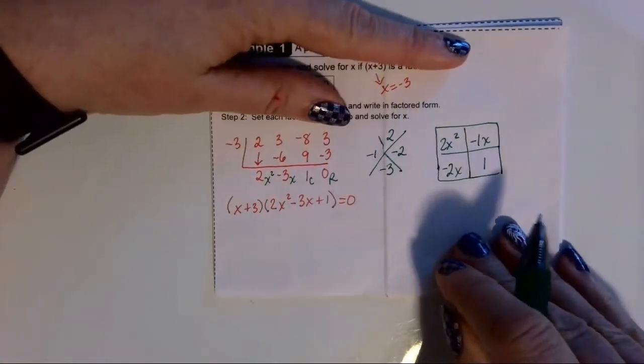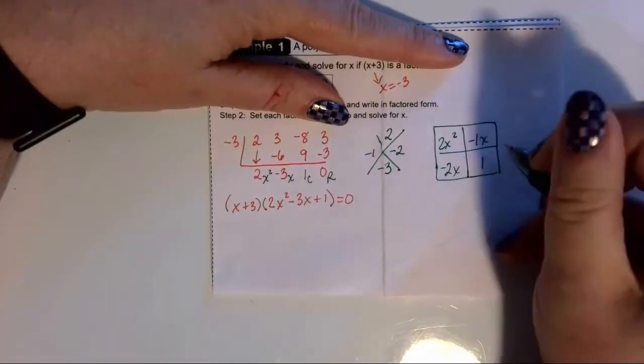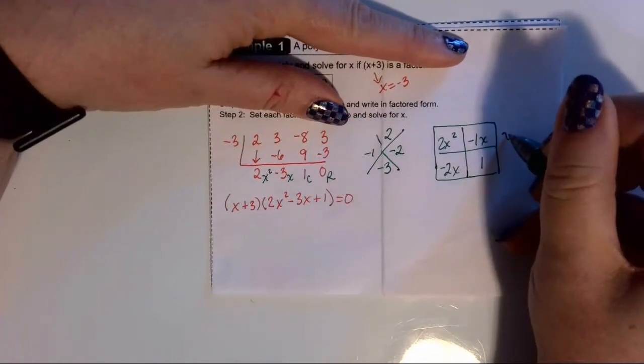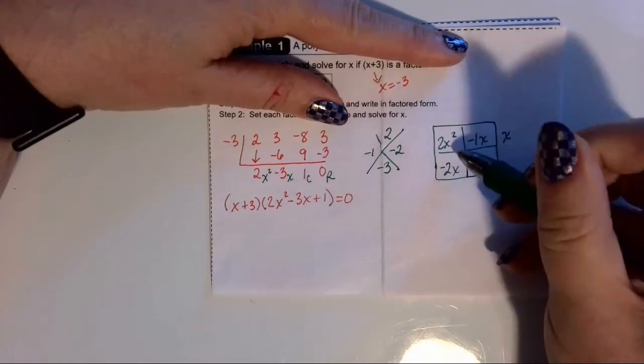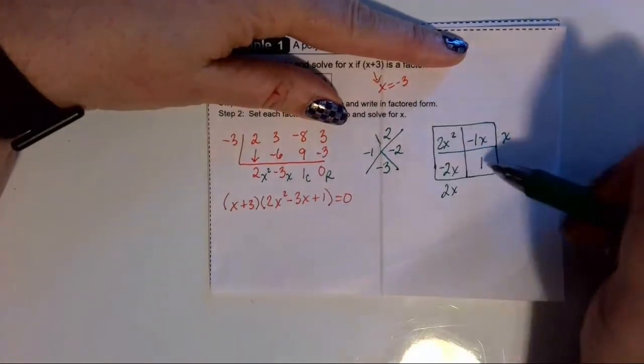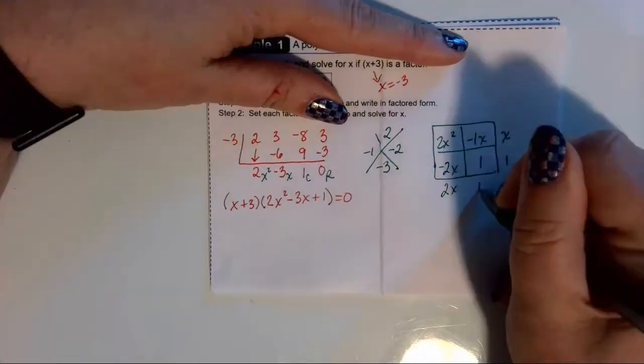Then I look for the greatest common factor going across each row and up and down each column. So 2x squared and negative x have an x in common. Then 2x squared and negative 2x have a 2x in common. Negative 2x and 1 have a 1, and negative 1x and 1 have a 1.